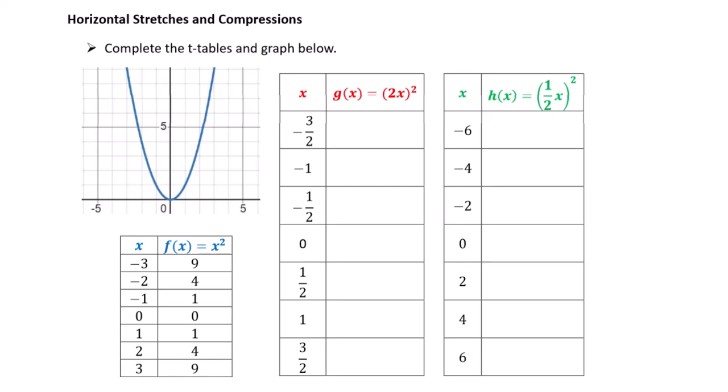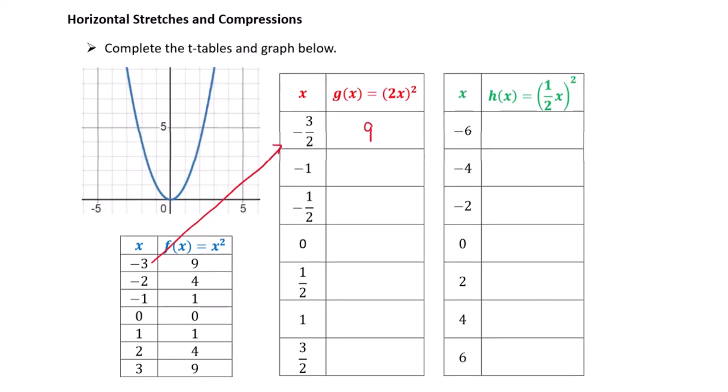So I have taken my x values that I had before, and I have taken half of those values. So half of -3 is -3 halves, because when I put that in here, -3 halves times 2 is going to be -3, and -3 squared is 9.